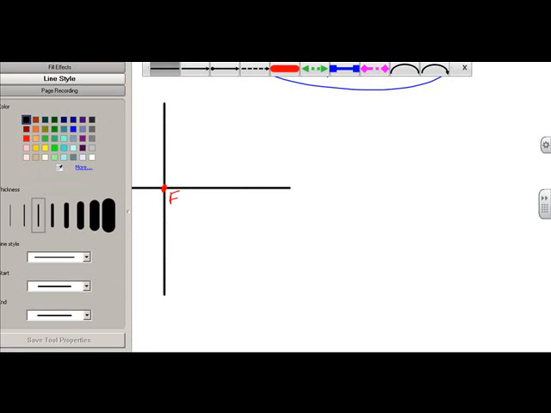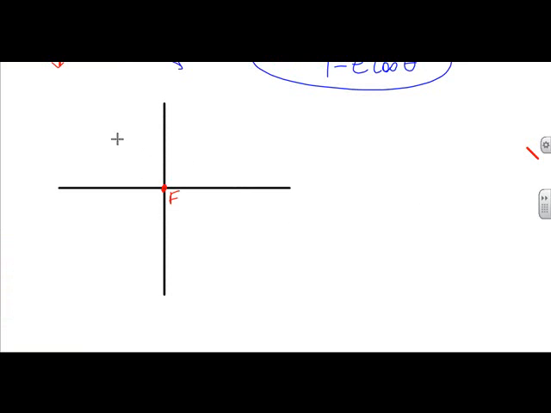So that line is y equals d, and that's not exactly the right place. The vertex of our parabola is going to be halfway in between the focus and directrix. So our parabola will look something like this. That's really bad, but it's going to be good enough.